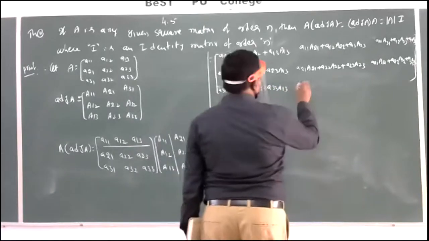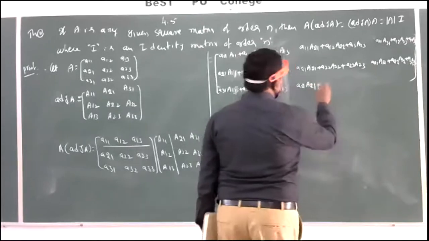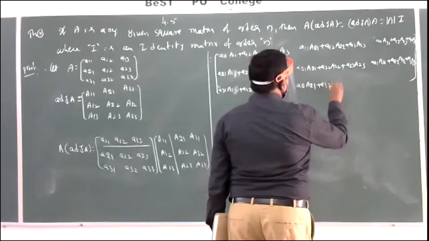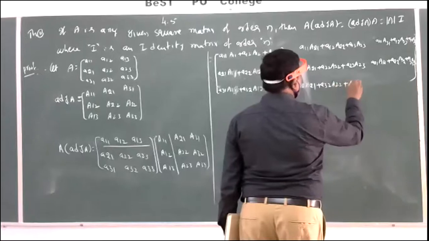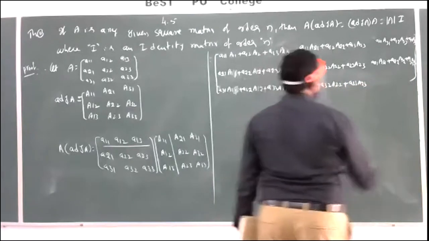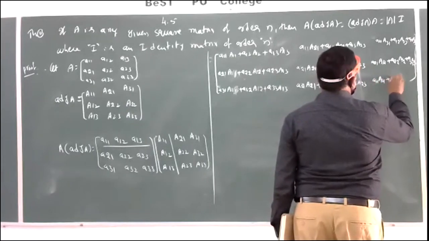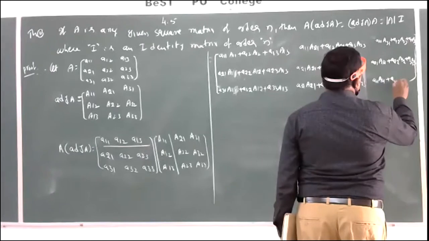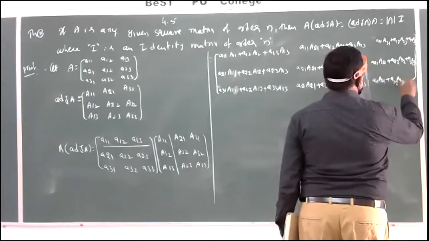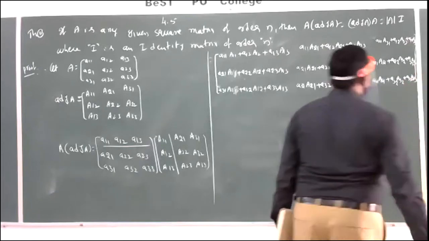Next, third row, second column: A31 capital A21, A32 capital A22, A33 capital A23. Next, third row, third column: A31 capital A31, A32 capital A32, A33 capital A33.